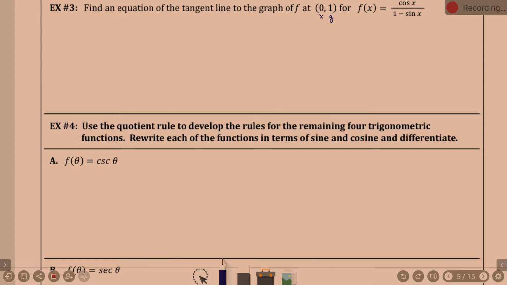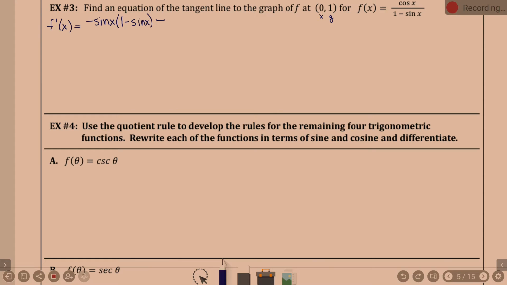So, f prime of x, the derivative of cosine x over 1 minus sine x. This is the opposite of what we just did, isn't it? Okay. Derivative of cosine x is negative sine x times the denominator, 1 minus sine x, minus, because it's a quotient, the derivative of 1 minus sine x.